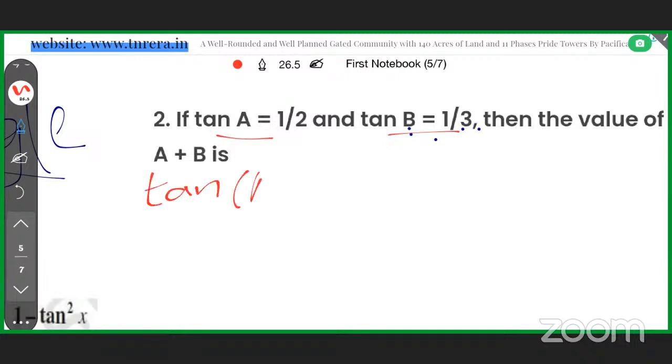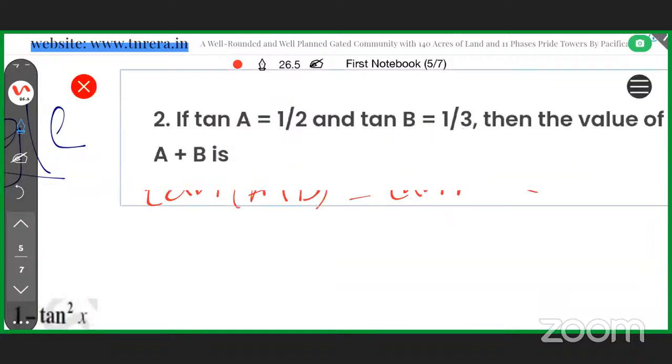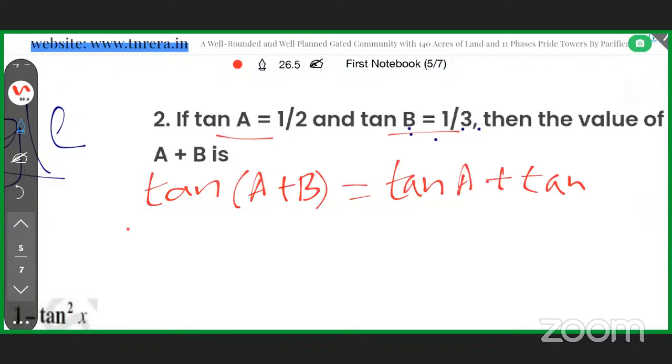Tan of A plus B is equal to tan A plus tan B divided by 1 minus tan A into tan B.